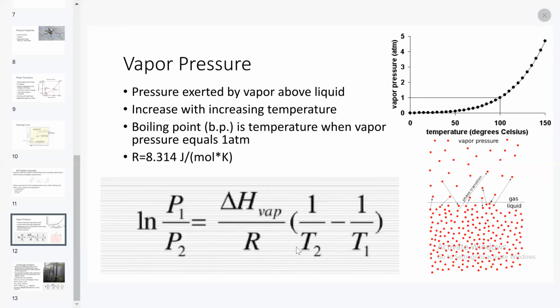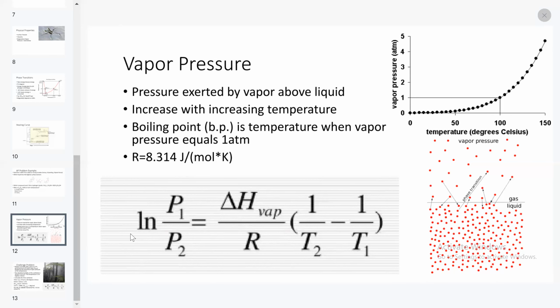This means that if you know the delta H of vaporization and you know the boiling point at one temperature, you can figure out the vapor pressure at any temperature. And R equals 8.314 joules per mole Kelvin. So here we have the Clausius-Clapeyron equation.